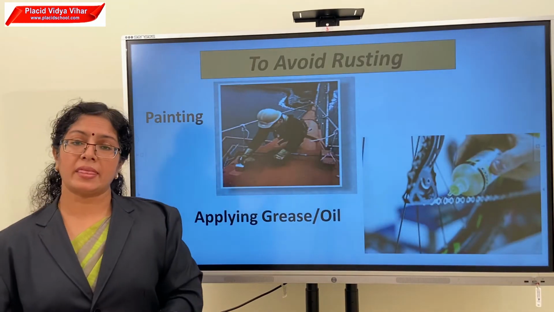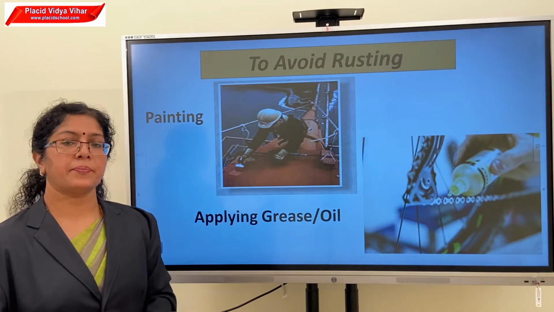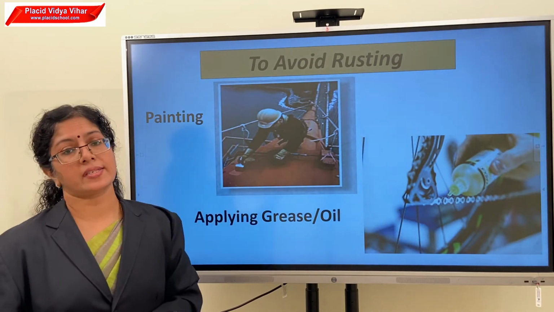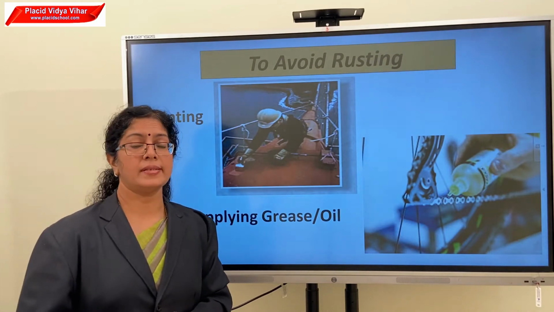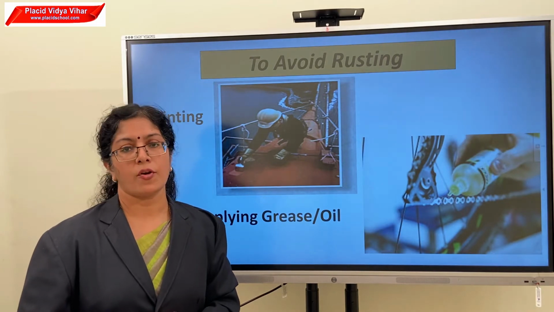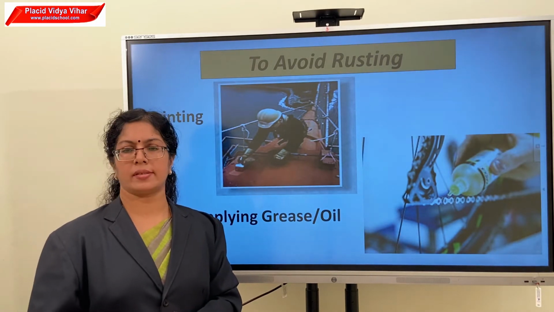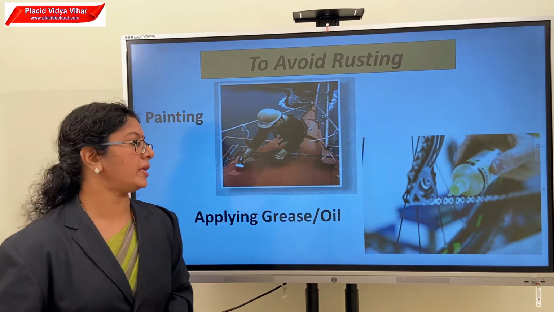The simple methods we use are, first one, painting. You have seen this painting of iron gates, grills, staircases outside; park benches, furniture, vehicles and machines are protected from rusting by painting.